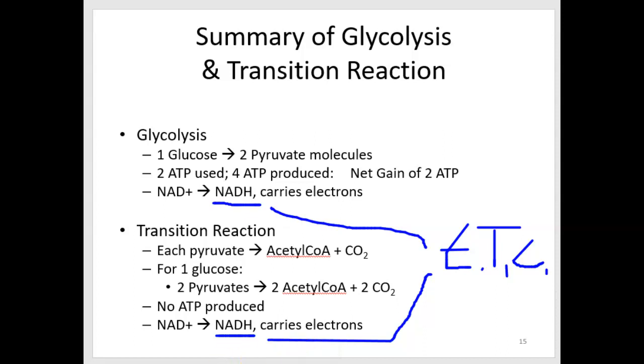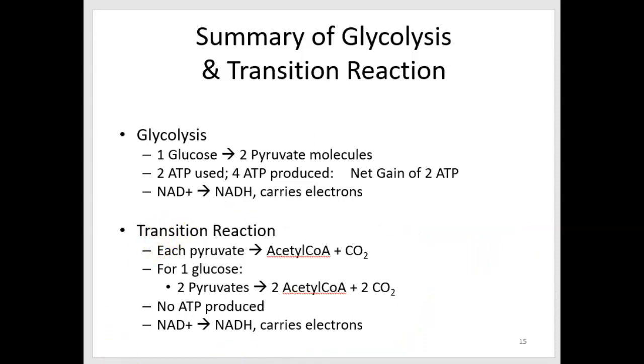Okay. Now, only one of the 2 processes actually formed ATP, or gave any net ATP production, and that's glycolysis. And the one that produced carbon dioxide, though neither necessarily requires oxygen, is the transition reaction.